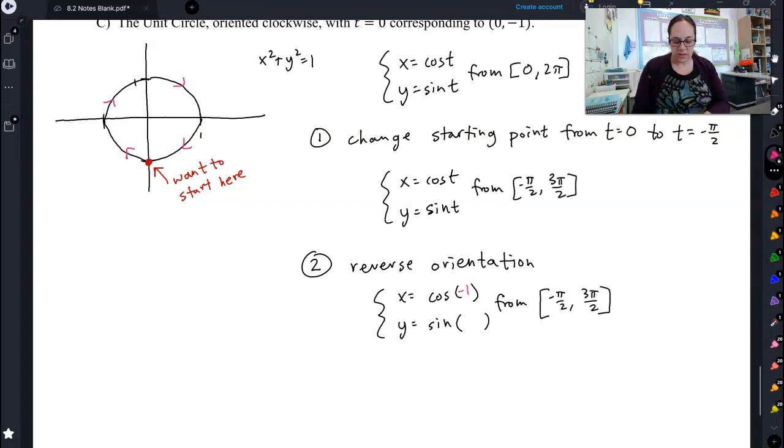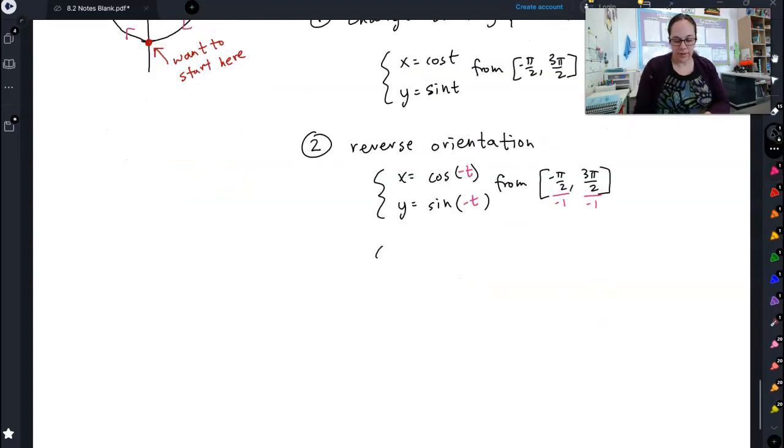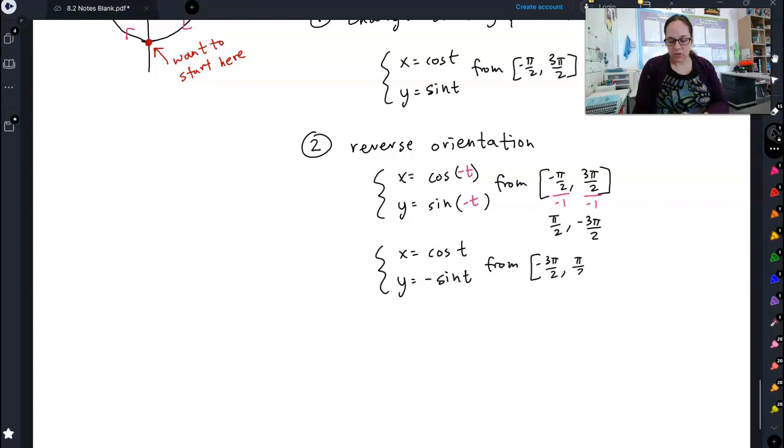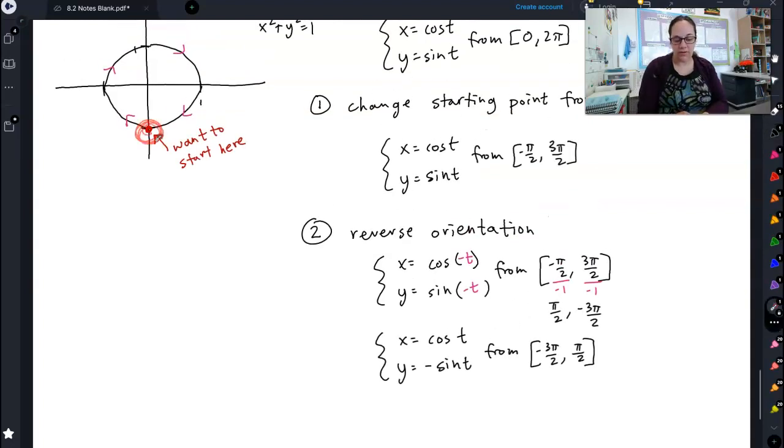So I'm going to replace all the t's with negative t's and divide even my parameters by -1. And hey, look at that. These are our even-odd identities. So I know cosine of -t is just going to be cosine of t. And I know sine of -t is going to be negative sine of t. Those even-odd identities. And this is now going to be +pi/2, -3pi/2. But I still want to go from smallest, -3pi/2, to largest, +pi/2. And that right there is going to start at this point and reverse our orientation, so we're going clockwise.